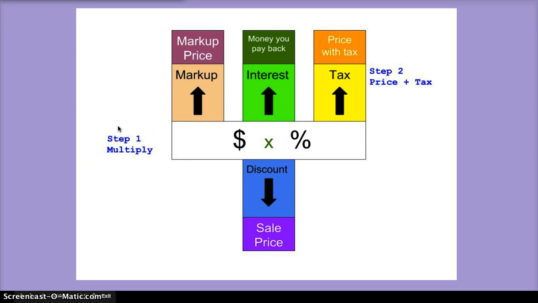We use multiplication. So we multiply the money times the percent. For our tax problem, what we do with that number is we add it to the price. So go ahead and pause and copy this diagram down.